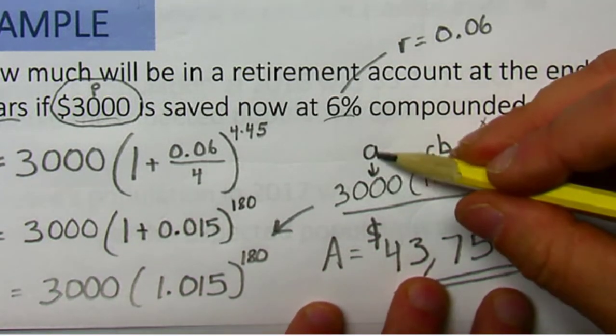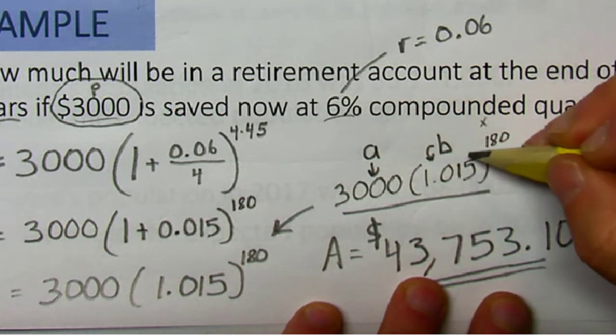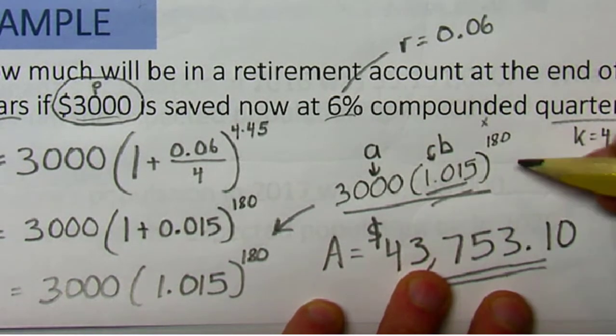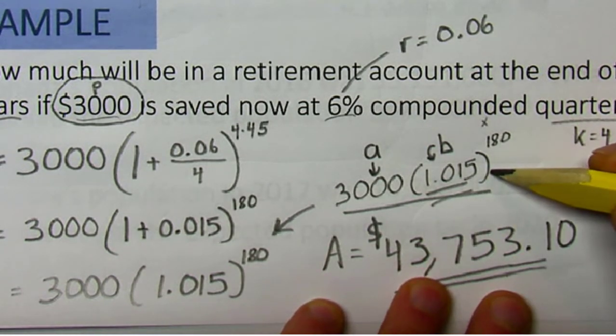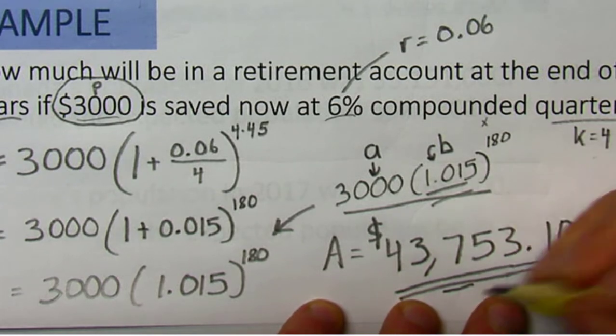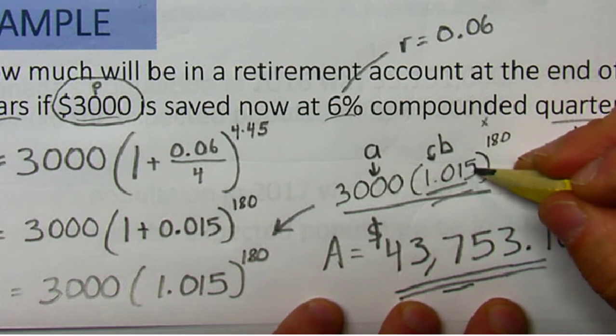Now that a value of 3,000 means that's what we started with, and we went up from there. Our b value of 1.015 is bigger than 1, of course, so we know that this money is going to be growing, but it's just barely bigger than 1. So what does that mean? Well, it's going to grow, but it's not going to grow very fast. If you wanted your money to grow faster, we'd have to get a bigger growth factor here.